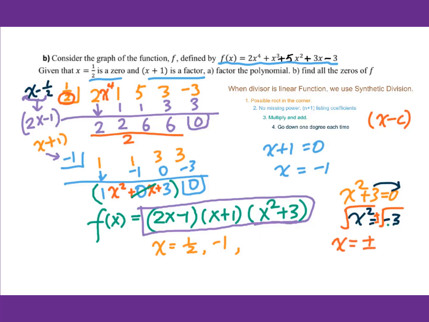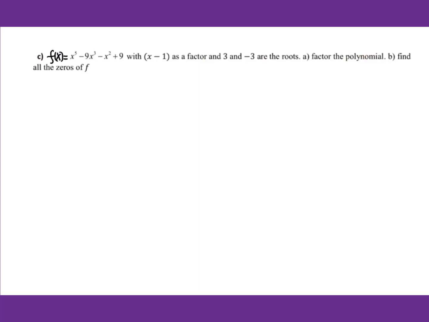When we get this negative sign, we will get i. Then square root of 3. That's your answer. We can write plus or minus square root of 3 i. Remember, this i is outside this square root. This is all the roots for this polynomial.